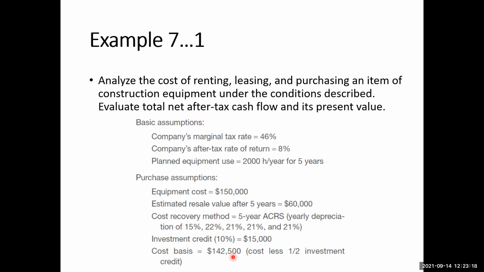So this is not based on some scientific formula. This is based on rules and regulations. So this is a rule that you will use this $142,500 instead of $150,000 for the calculation of the depreciation.